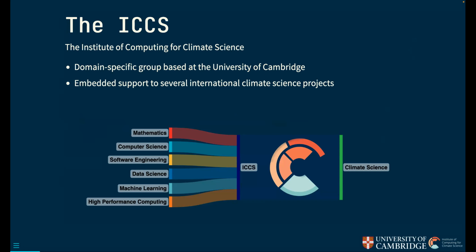And really you need to bring together people from all of these backgrounds to work together to actually make proper or real advances. So this is the background to what we're doing.